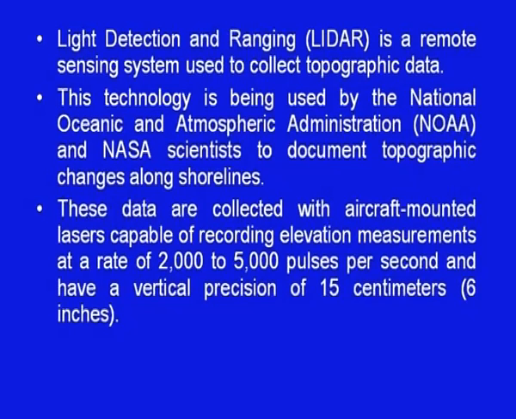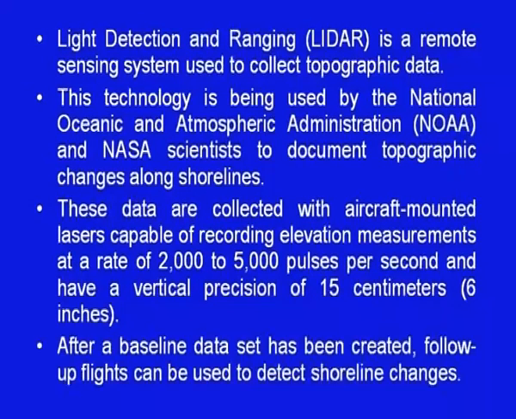These data are collected with aircraft mounted lasers capable of recording elevation measurements at a rate of 2000 to 5000 pulses per second and have a vertical precision of about 15 centimeters, that is 6 inches. After a baseline data set has been created, follow-up flights can be used to detect shoreline changes.